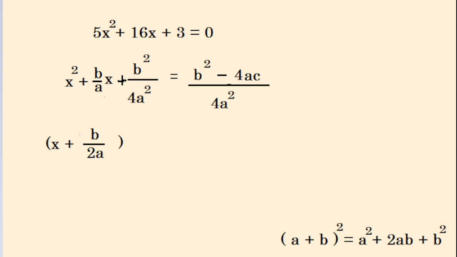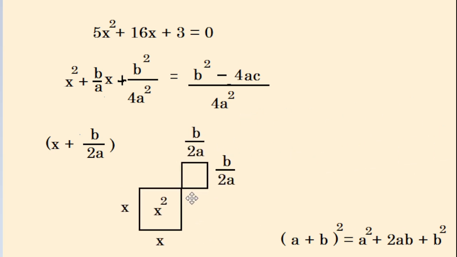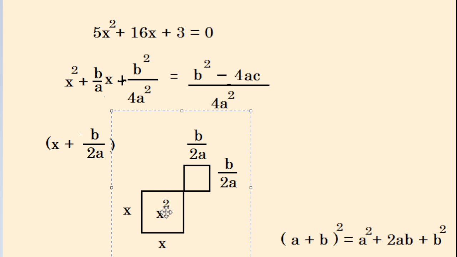If you remember, this was the number we used to get this one, like when we draw this square. This was ax, x times x, and the sides were b times a, and we divided them by 2.